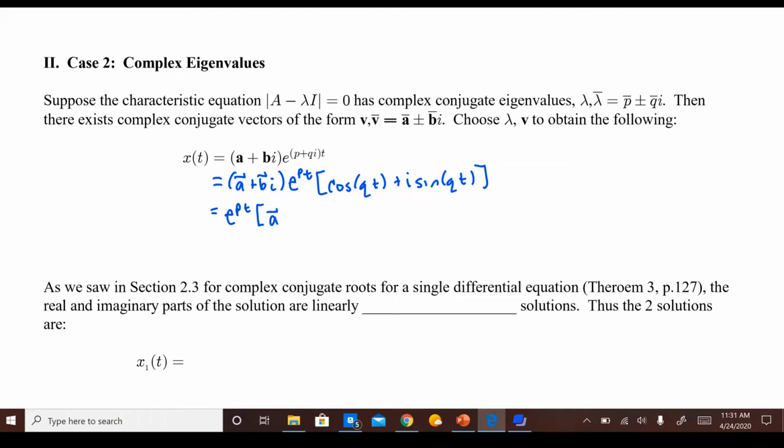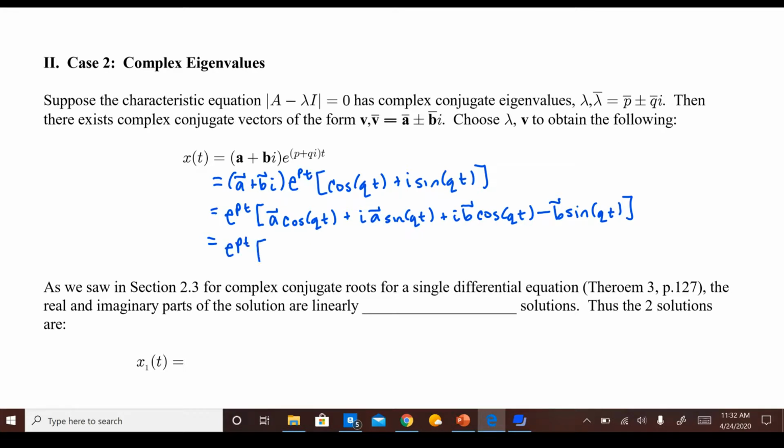So we have first two terms, a cosine qt, plus outside terms, i times a sine qt, inside terms, ib cosine qt, and last, notice we have an i squared there, so that gives us minus b sine qt. And then let's separate it into real and imaginary parts.